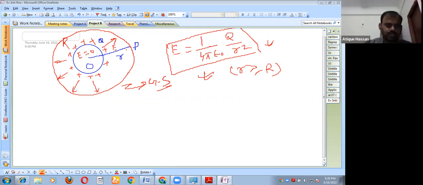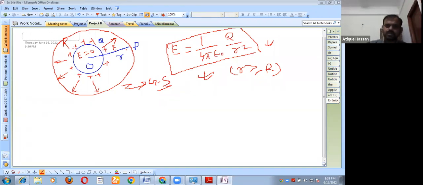So Shravya, actually you were right at the beginning, when you were saying that it is the electric field due to a point charge. Up to some extent you were right, but you have to explain it differently.